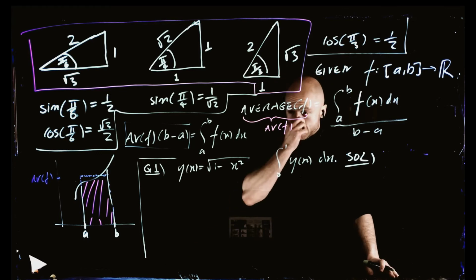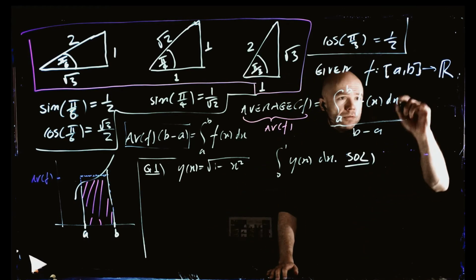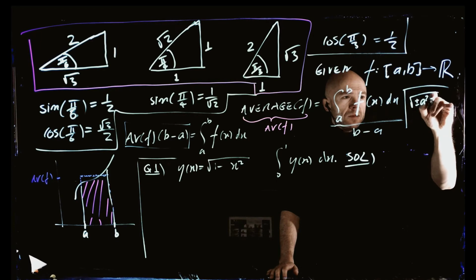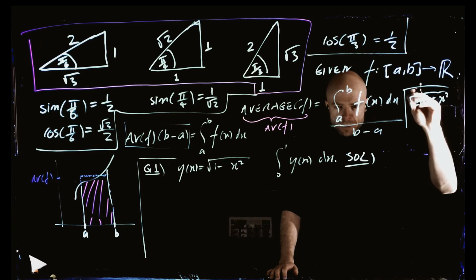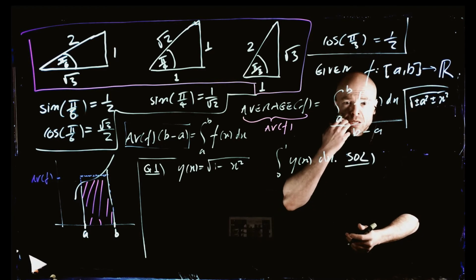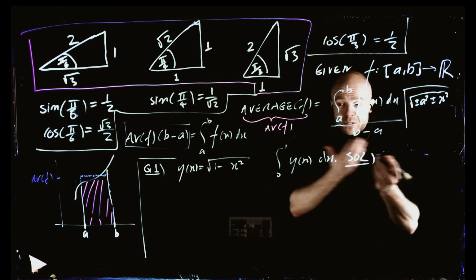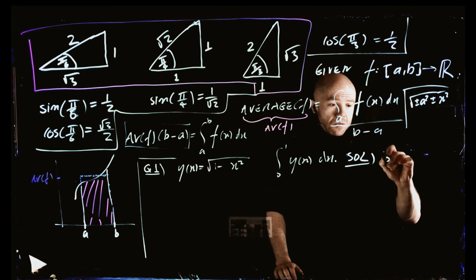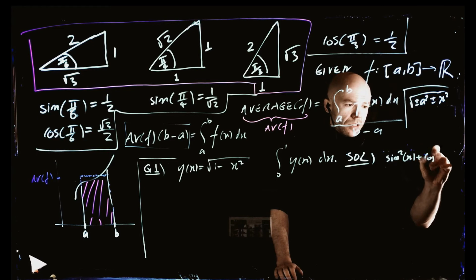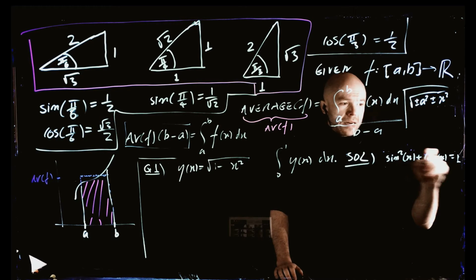Yep, trig sub, yeah? Because it has this structure of the square root of plus or minus a squared plus or minus x squared. So this is a natural trig sub. We're going to figure out which trig sub it is. We have sine squared of x plus cosine squared of x equals 1, and our tan squared identity.